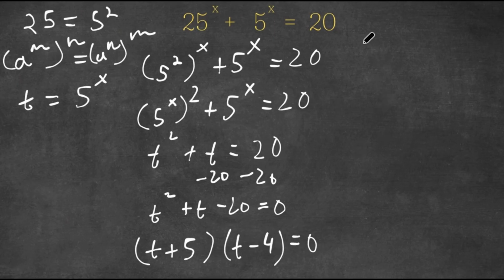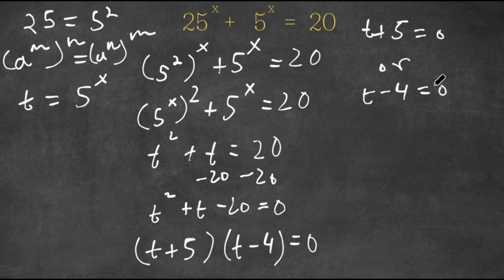And this gives me two equations. I have t plus 5 is equal to 0, and I have t minus 4 is equal to 0. For t plus 5, this means that t is equal to negative 5, and for t minus 4, this means that t is equal to positive 4.